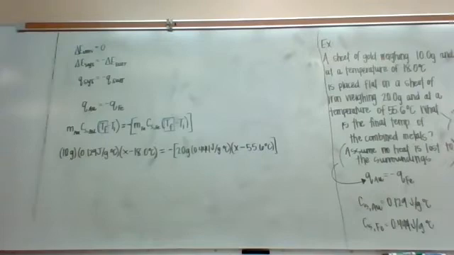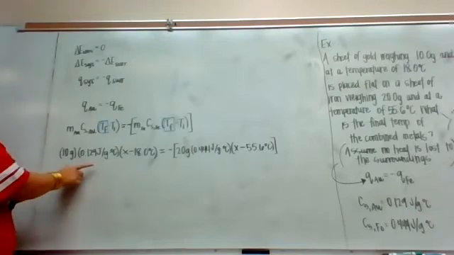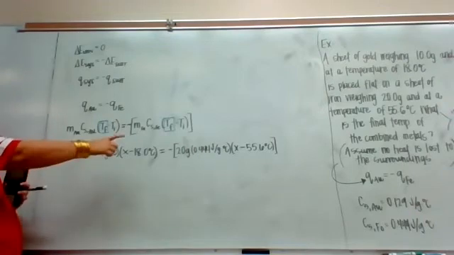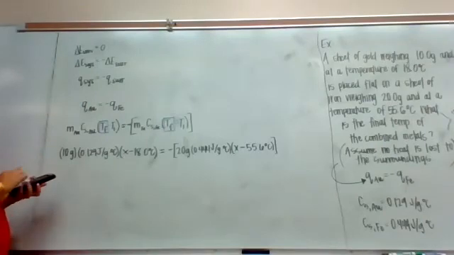So we're going to start simplifying both sides down. Just like we did in the previous example, we just have to do it to both sides now. So the first thing I always do is I multiply my mass and my specific heat. And I do that on both sides. So I'm going to go ahead and do that.